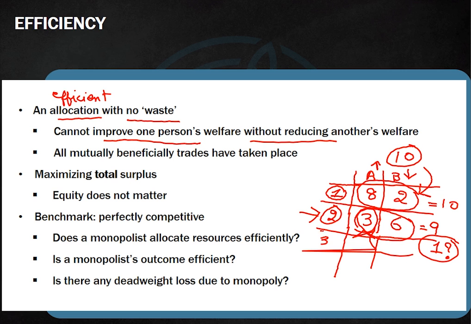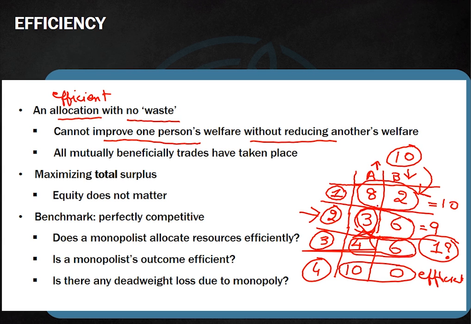Note that a third allocation which gives, let's say, 4 here and 6 here, is also efficient. Even an allocation which gives 10 to this person and 0 is also efficient.